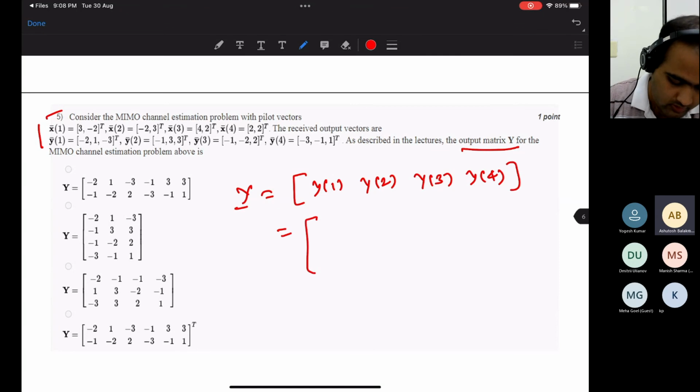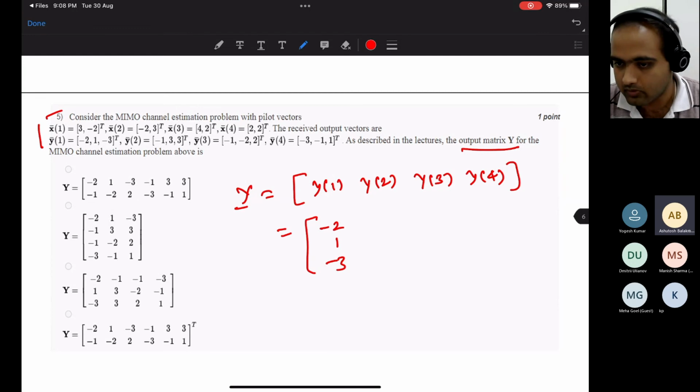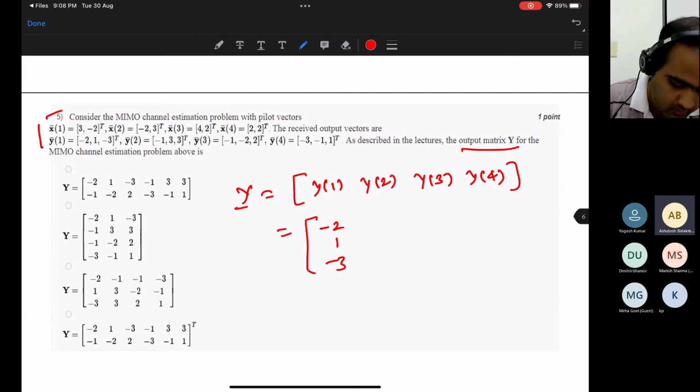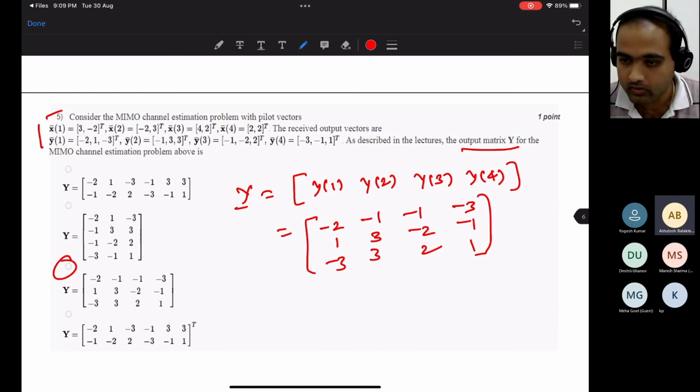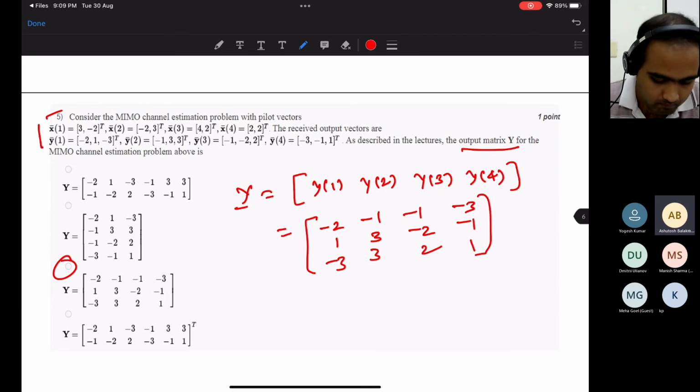What is Y1? Minus 2, 1, minus 3 transpose, so the row vector becomes a column vector. Similarly, you have minus 1, 3, 3, minus 1, minus 2, 2, minus 3, minus 1, 1. So this is option C.